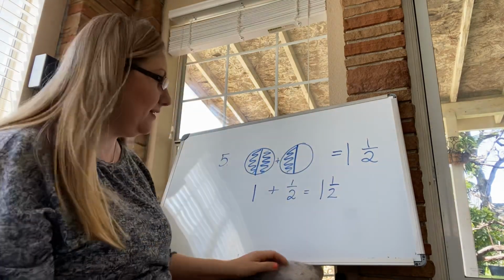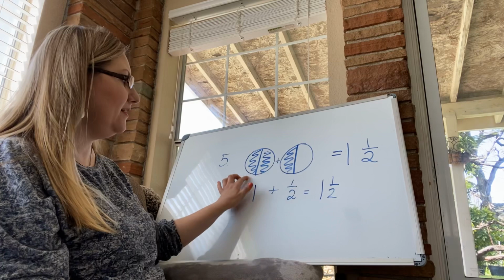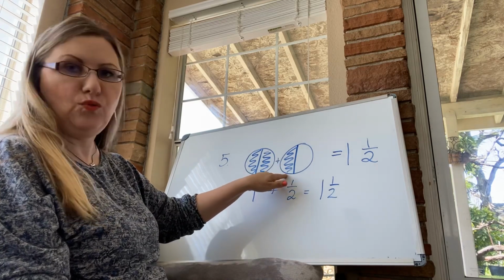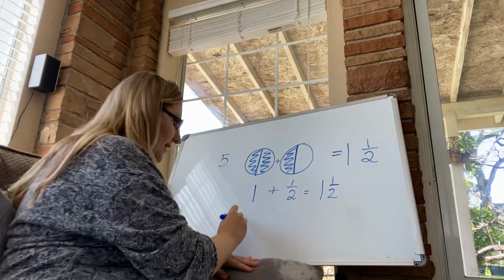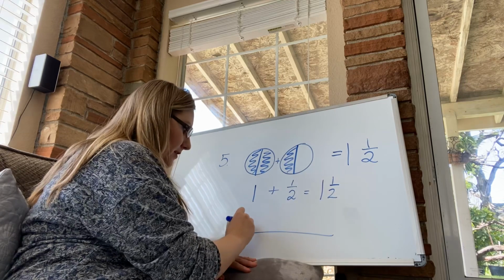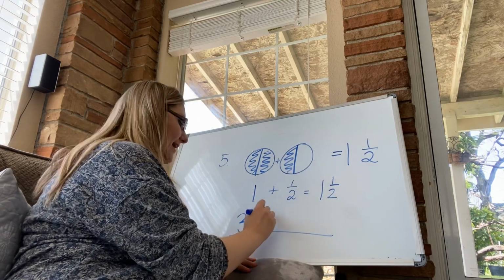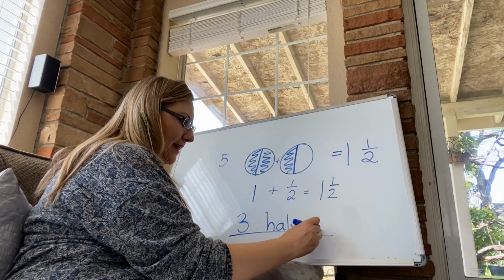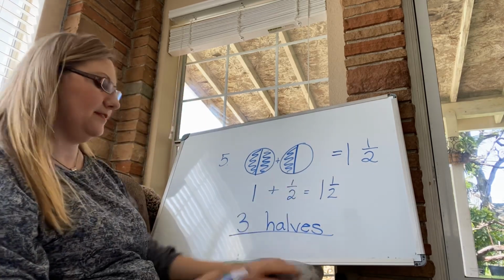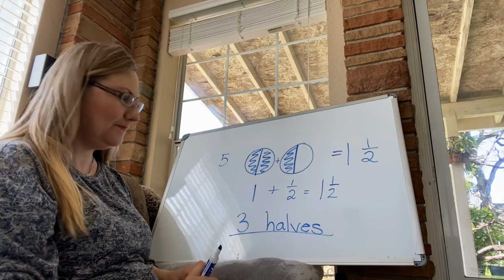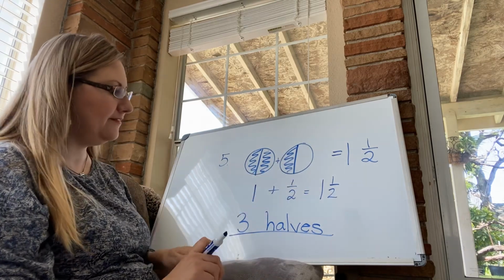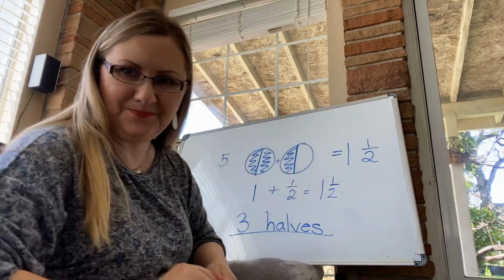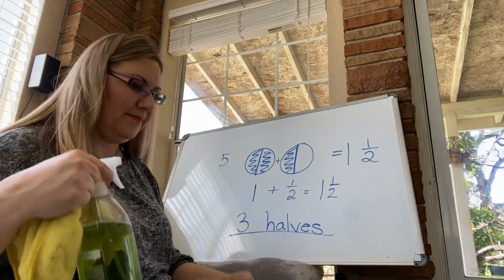Okay, so then the question again was, how many of these halves equal 1 1/2? And the answer is 3 halves. H-A-L-V-E-S. 3 halves is the answer. Okay, you can see 1, 2, 3 halves. All right, go ahead and write that and start the next problem, number 6.